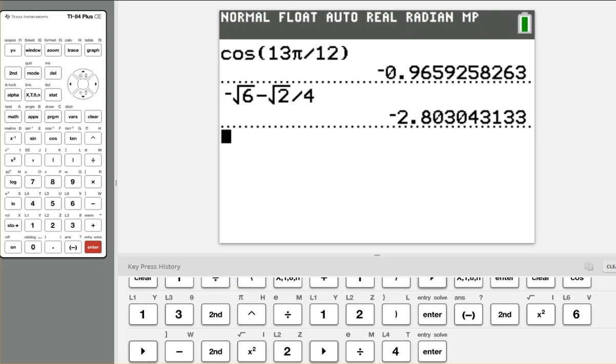How come those aren't the same then? Did the square root of 2 divide by 4 first, and then was subtracted from negative square root of 2? Right, it does order of operations, so it does this first. Also, on the second one, you didn't even put cosine.